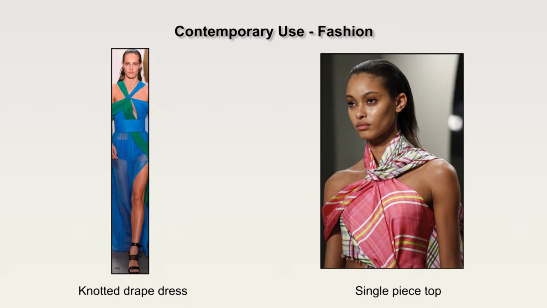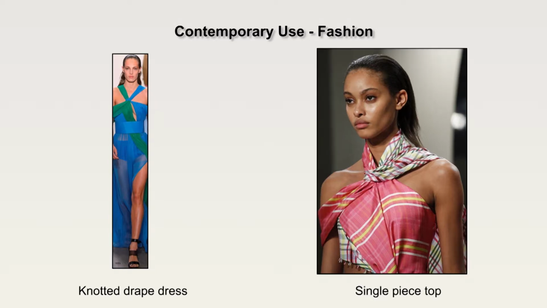This blue and green knotted draped dress is a fine example of drapery. On the right is a single piece top draped outfit, again from Prabal Gurung Spring 2018 ready to wear.